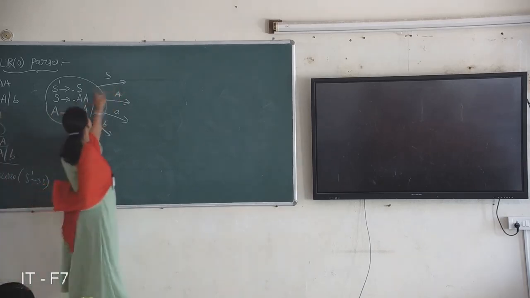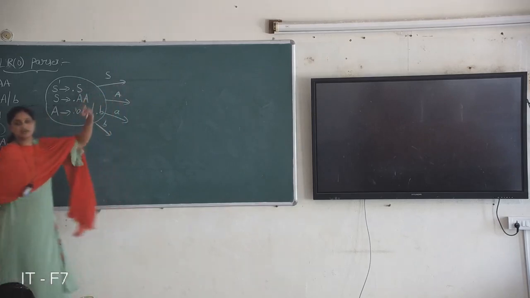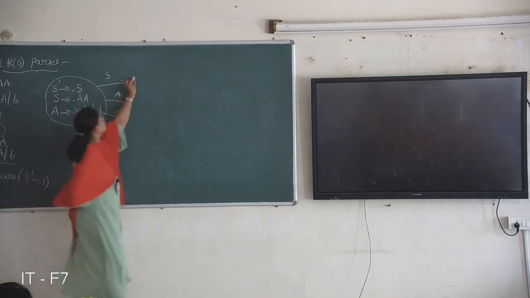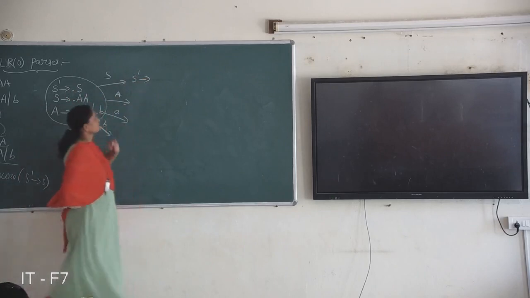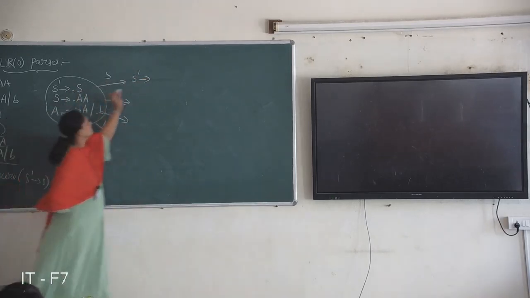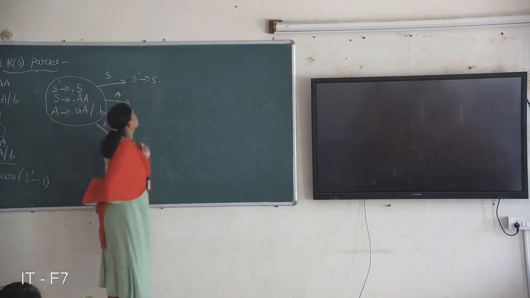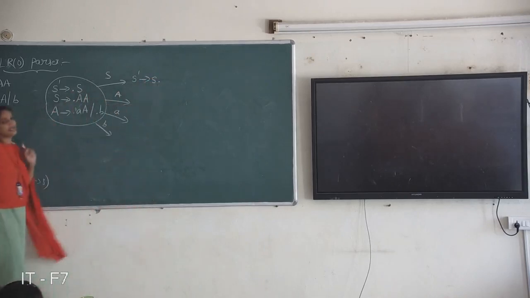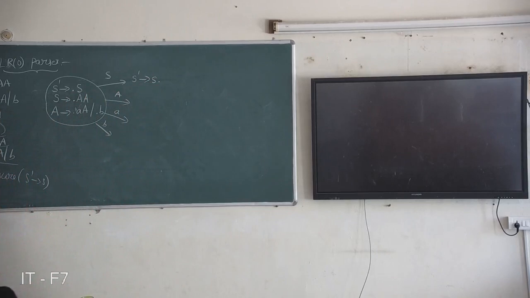So first, moving the dot and the first value, you can write it as S'. A transition on S is nothing but moving the dot from here to here. Just check after the dot, S is there.